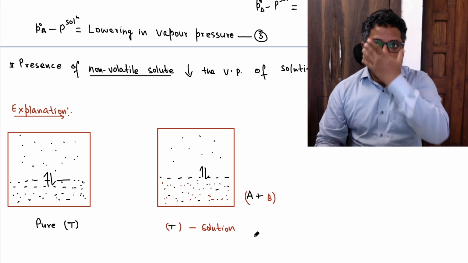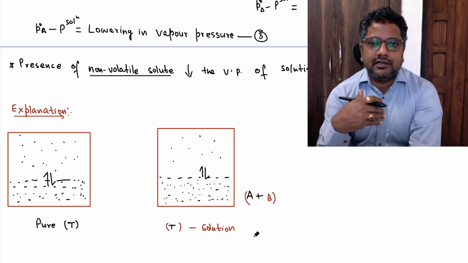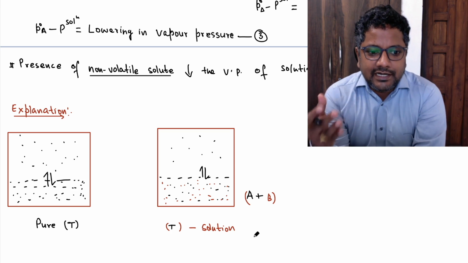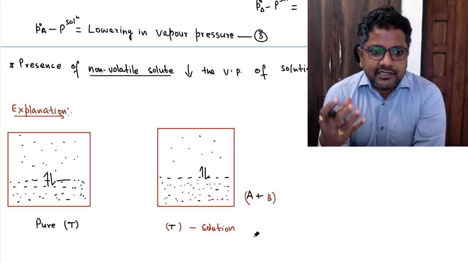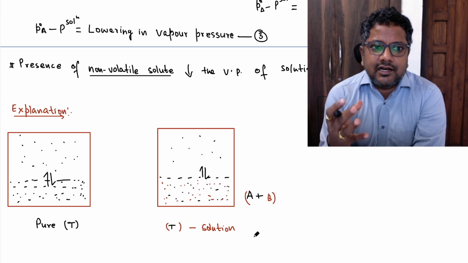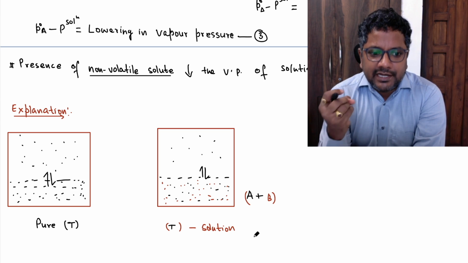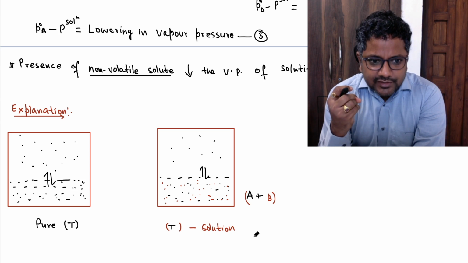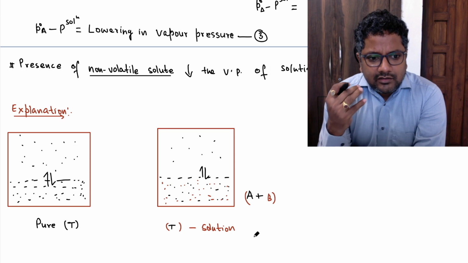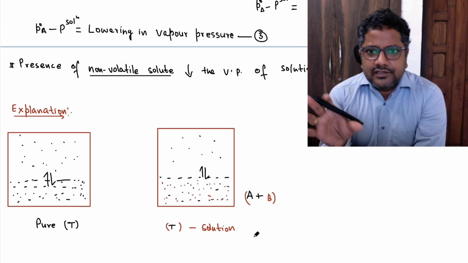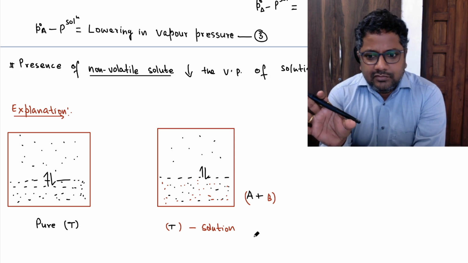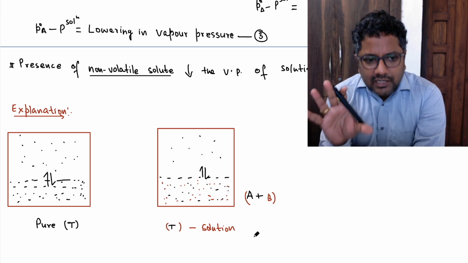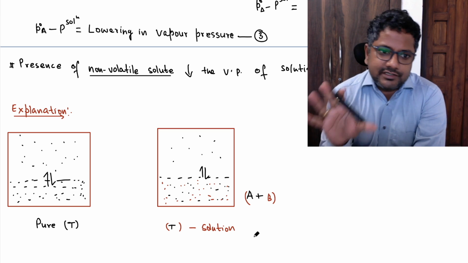In thermodynamics, all of you have gone through entropy. So the best explanation of why vapor pressure reduces in presence of a non-volatile solute is based on entropy, right? In your book, what is given, I don't know, but this is the ultimate molecular explanation of this phenomenon.